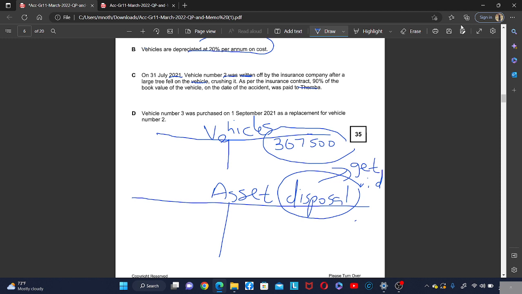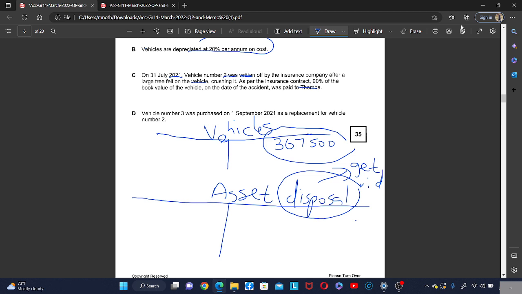And all the information about a fixed asset that the business is getting rid of must be transferred to the asset disposal.